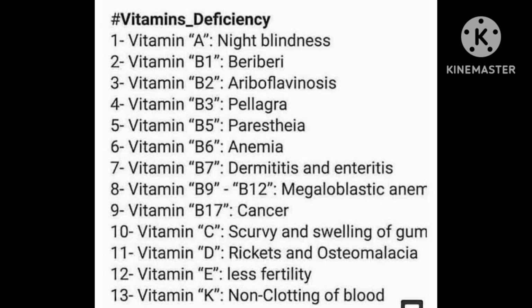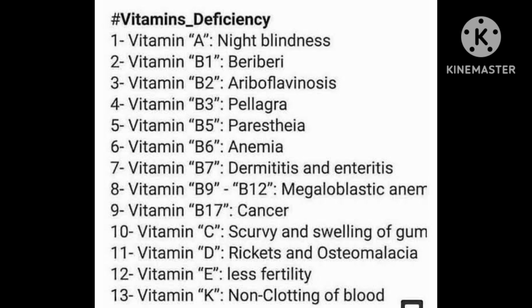And if it is not available in your body, then what will happen? Meaning deficiency of vitamin E. That is the increased fragility of RBC and muscular weakness. If vitamin E is not available in your food, then its effect will be increased fragility of RBC and muscular weakness.